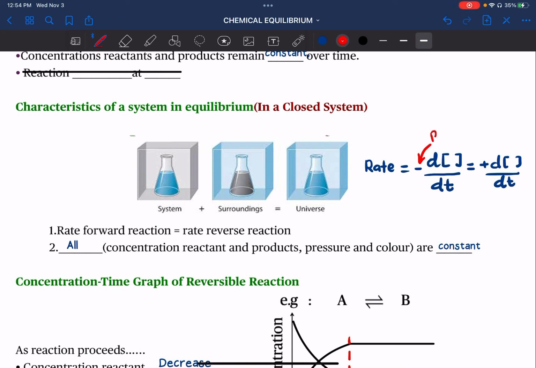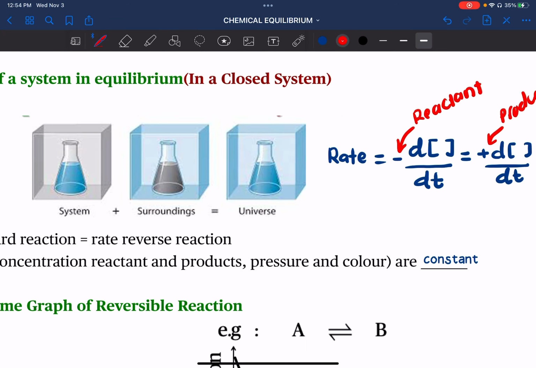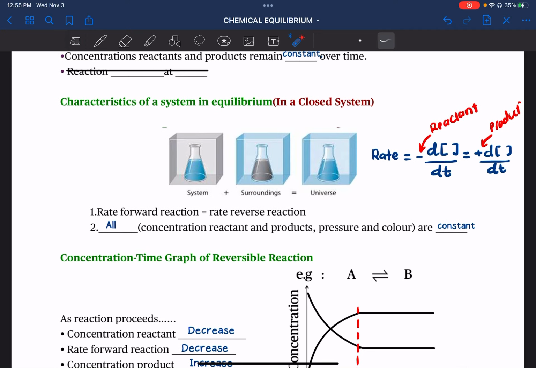Negative is for reactant. Positive is for products. So why this happen? I'm going to explain this later. Cuma nak cakapnya, rate tu apa? Okay, rate adalah change in concentration over time. Berapa banyak perubahan concentration dalam tempoh masa yang diberikan.